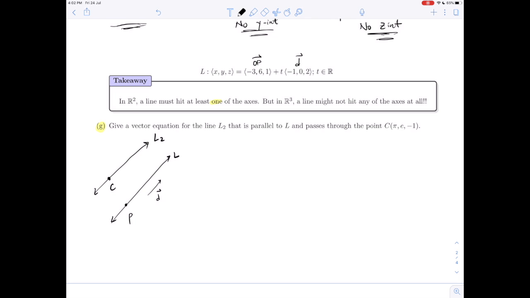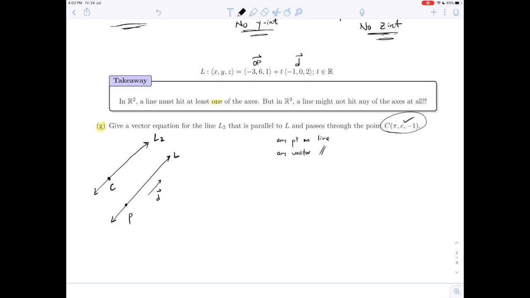So to create the vector equation of a line, we need any point on the line. Well, we've got one, right? But we also need a vector parallel. We need any point on the line, and we need any vector parallel. So obviously the point on the line has been given to us.